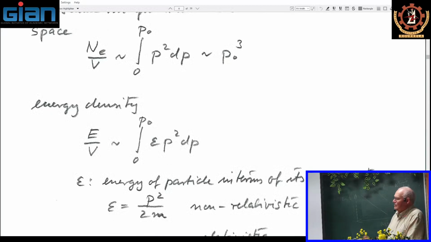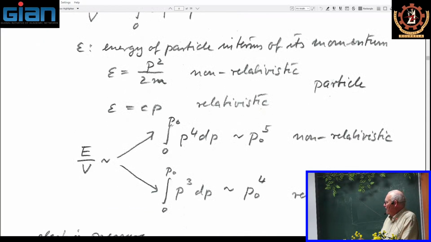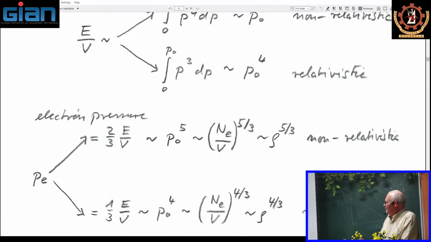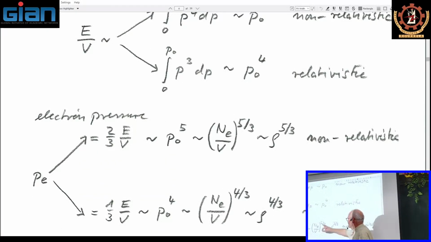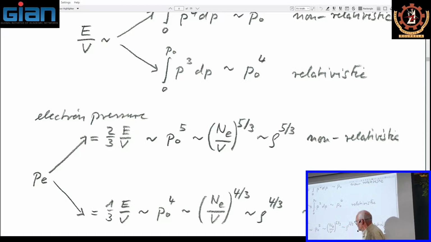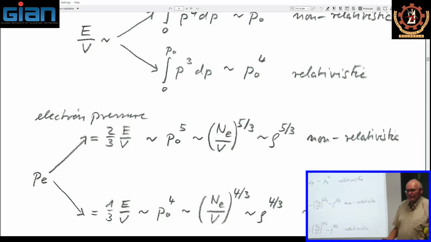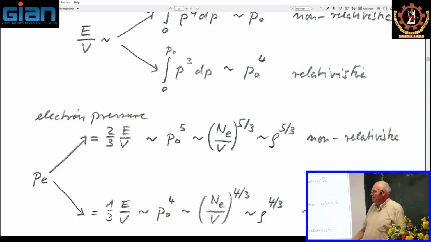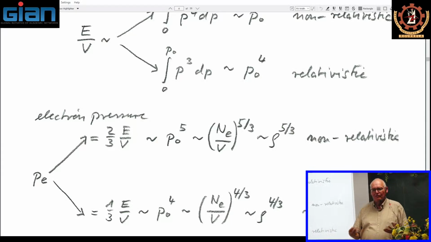So we express the maximum momentum in terms of the number density: the maximum momentum goes with the 1/3 power of the number density. So we have, in the end, that the pressure goes with the number density of the electrons to the power 5/3 in the non-relativistic case, and with the power 4/3 in the relativistic case. If we have charge neutrality, then the number density of the electrons will be proportional to the mass density of the nucleons.